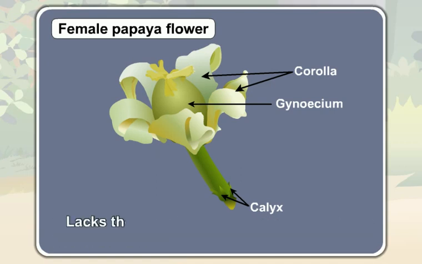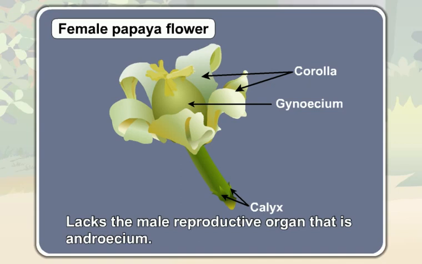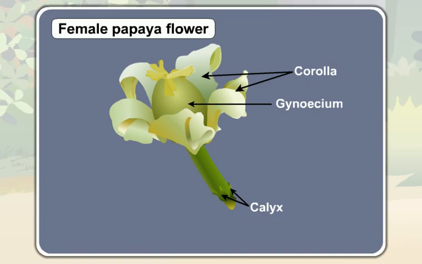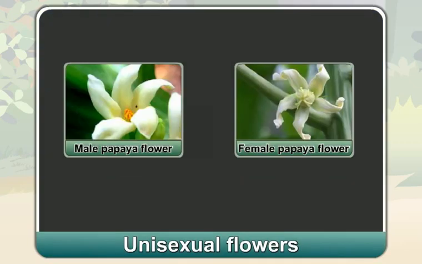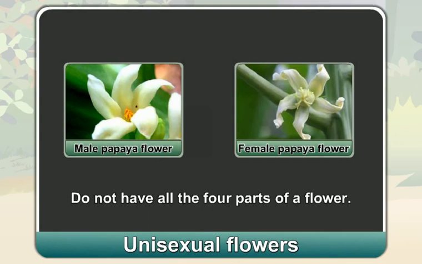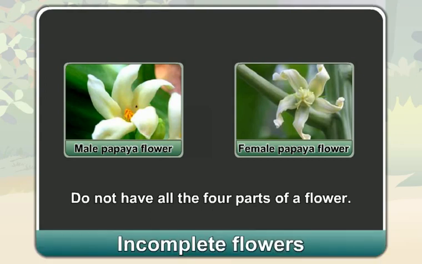It lacks the male reproductive organ, that is, the androecium. So the female papaya flower is also a unisexual flower. As unisexual flowers do not have all the four parts of a flower, they are also incomplete flowers.